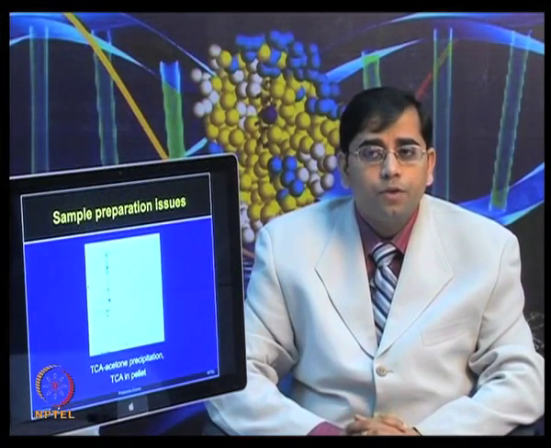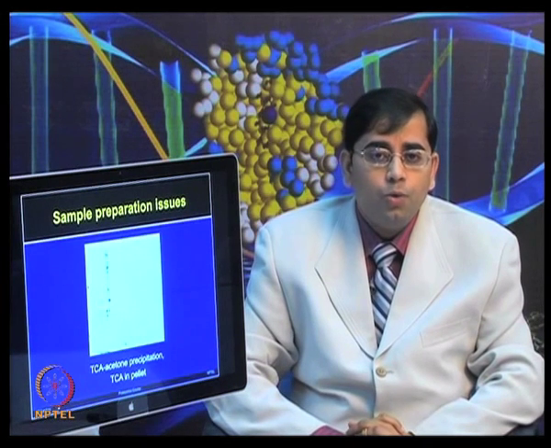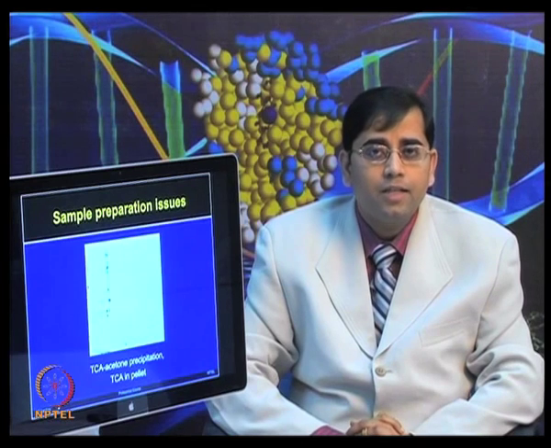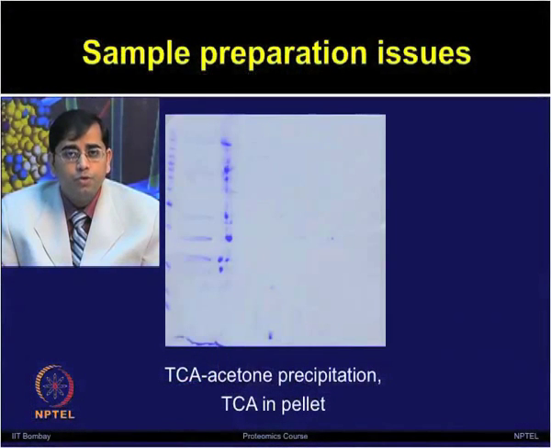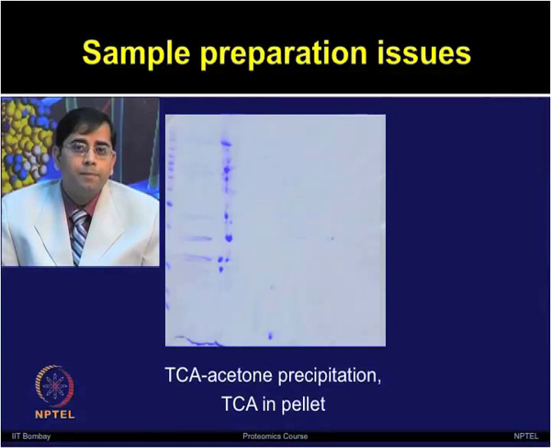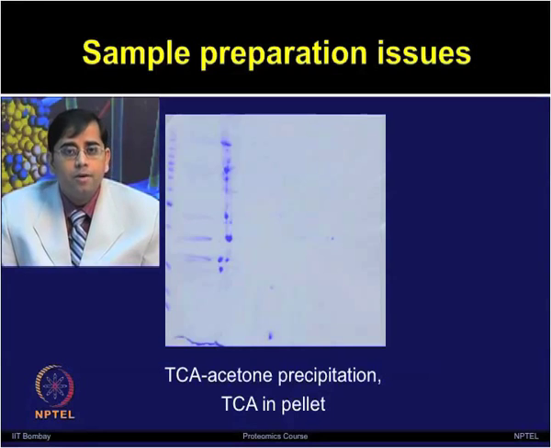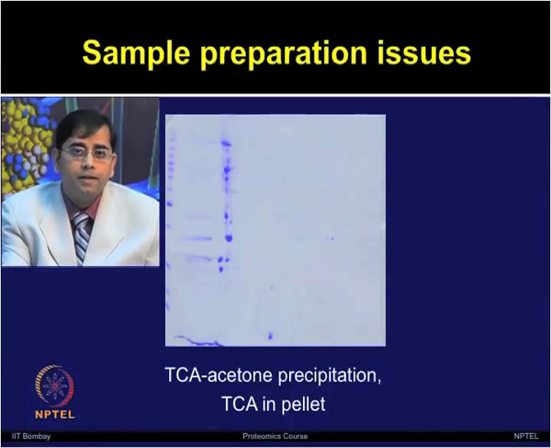I am showing you a few problematic gels, and how even small mistakes or issues inherent to your biological samples can give rise to very bad 2D gels. For example, I am showing you a few sample preparation issues. In this gel, as you can see, the TCA acetone precipitation method was followed, but the washing was not good. So, TCA still remained in the pellet and one can obtain the pattern shown in this gel.